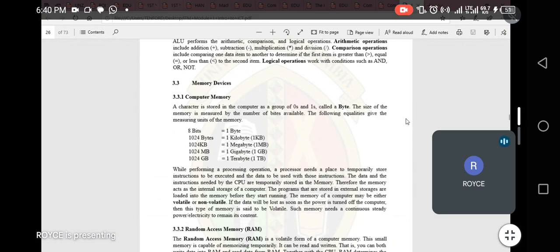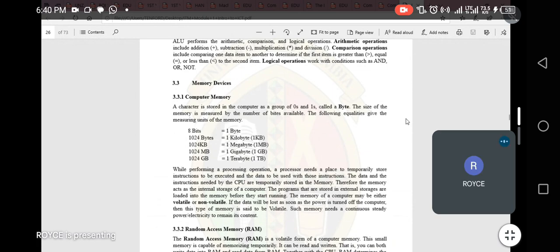When you say my flash drive is 16 GB, you're basically telling us that the size of your memory is 1024 times 16 megabytes.